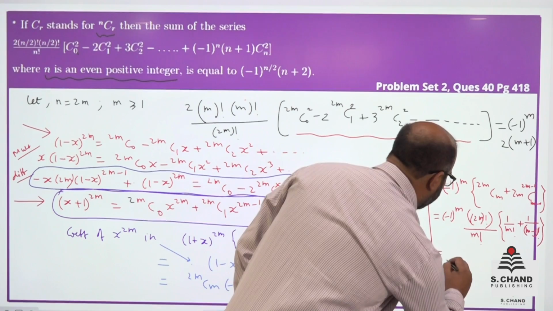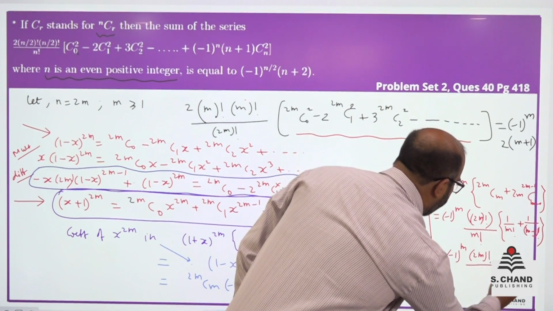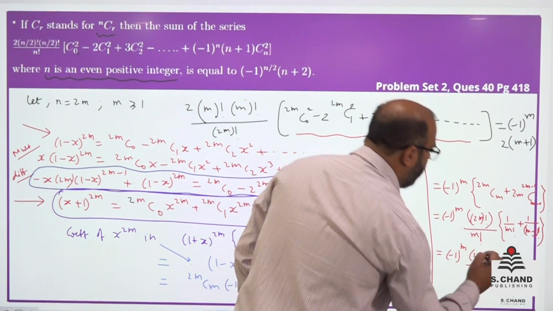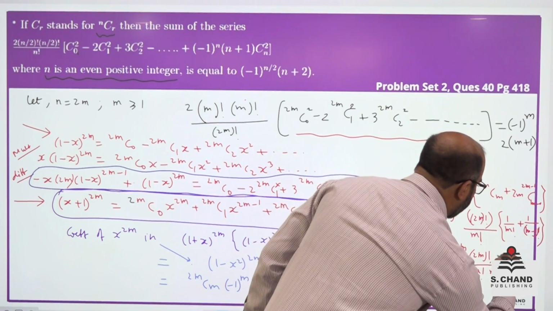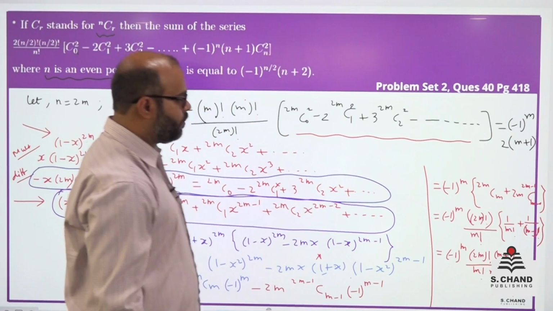So this is minus 1 to the power m, 2m factorial upon m factorial, and when you take the LCM, it will be m factorial, and here it will be m plus 1. This is what we are getting.